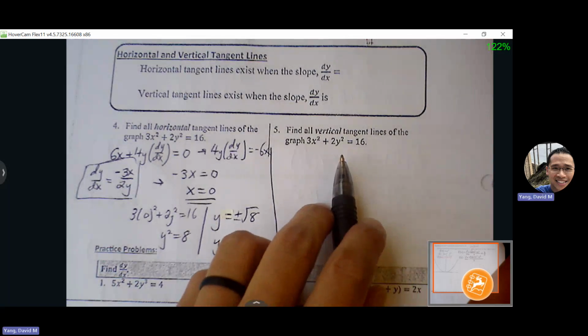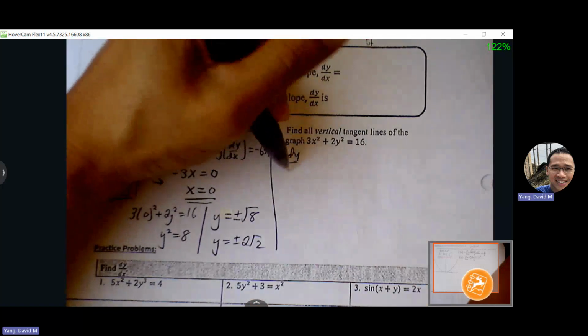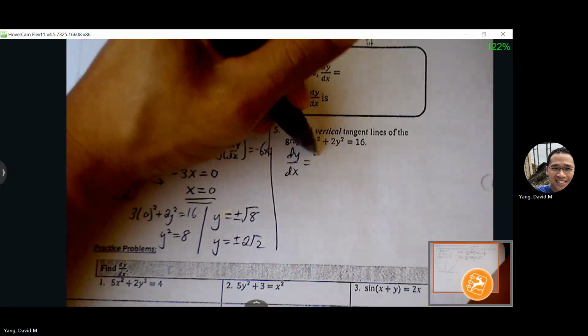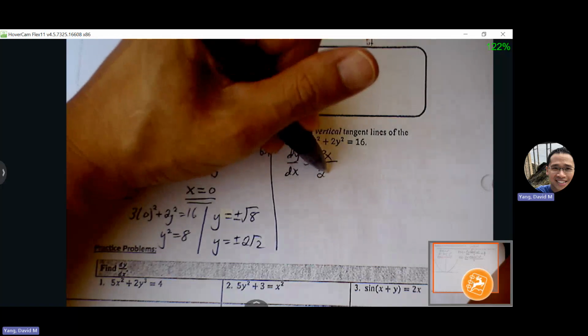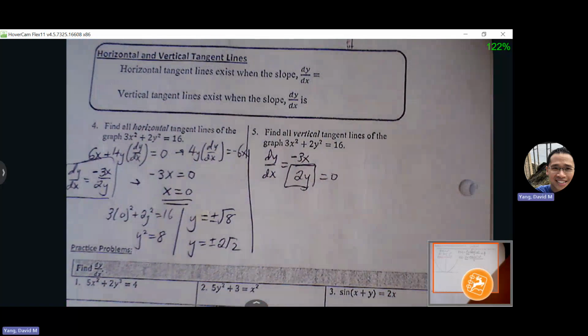Same equation as number 4. We can just start off with dy/dx. For the vertical tangent, set the denominator equal to 0 to find the location, or a partial location, of your vertical tangent.